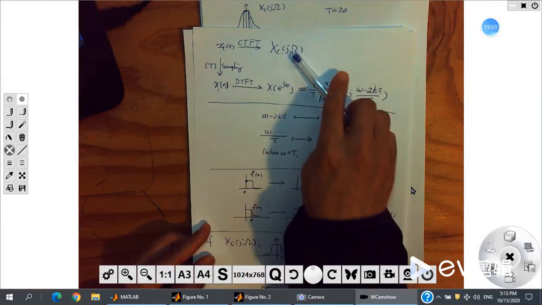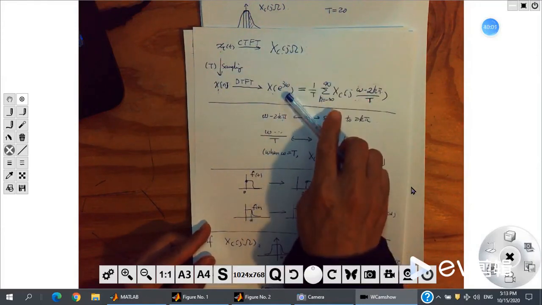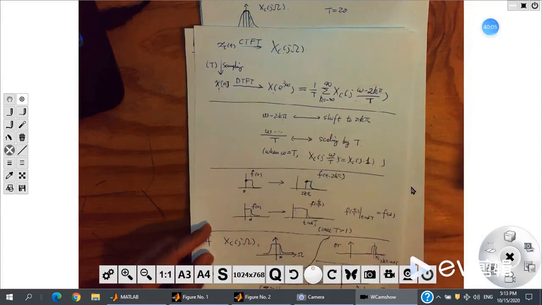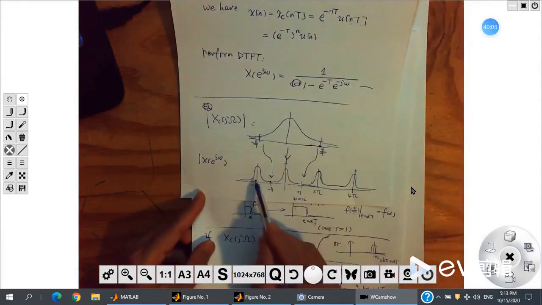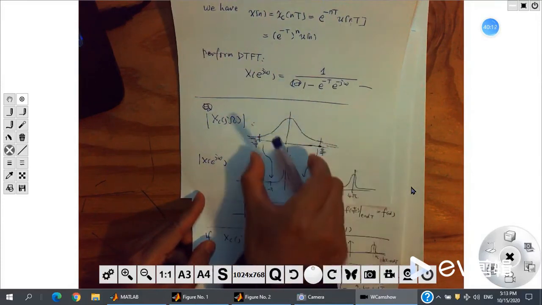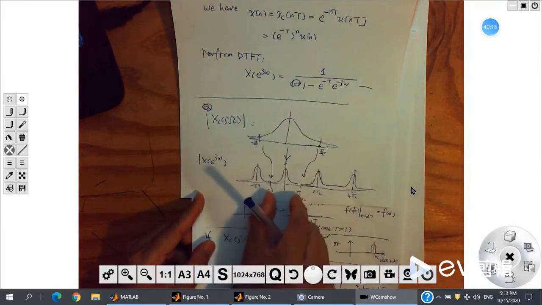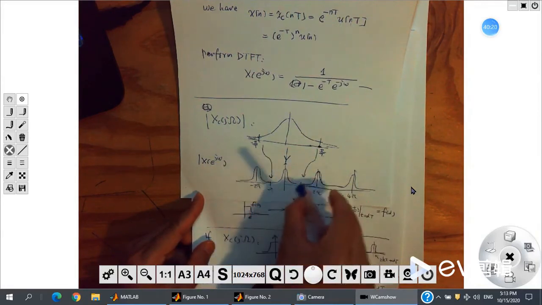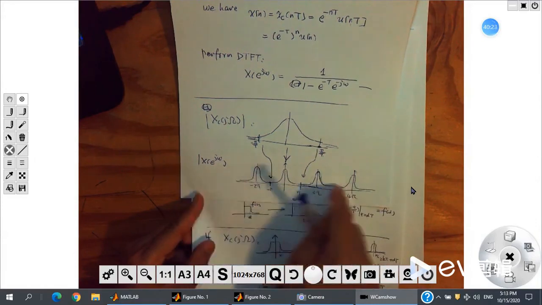Then what is the relation between these two? Then we have this formula. The meaning is that the original looks like this, and you put it in the negative pi to pi piece, and copy the center one at each part. Then you have this one, right?